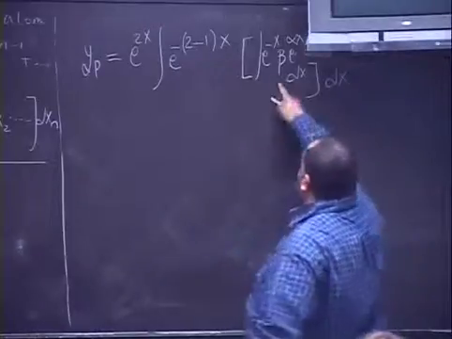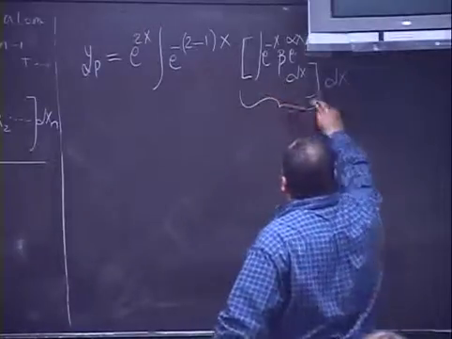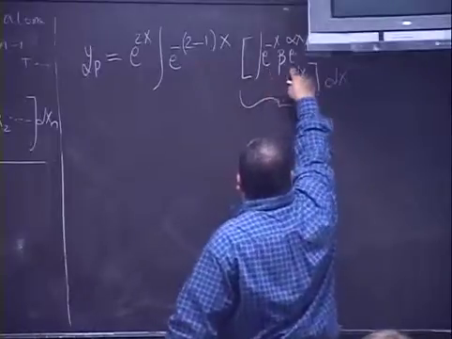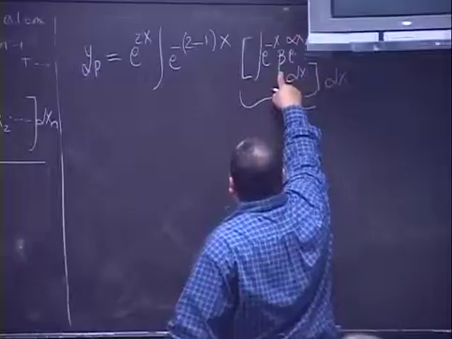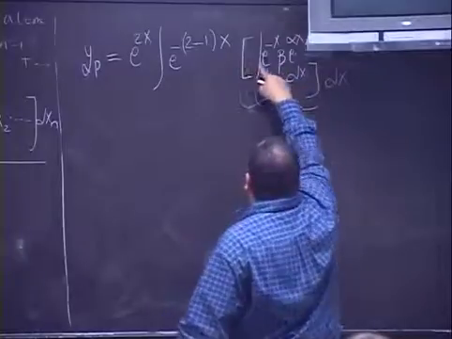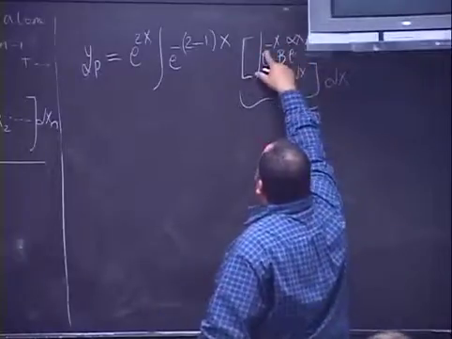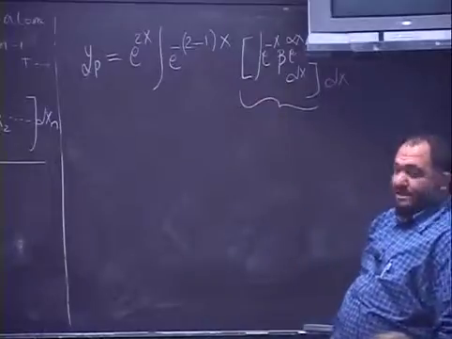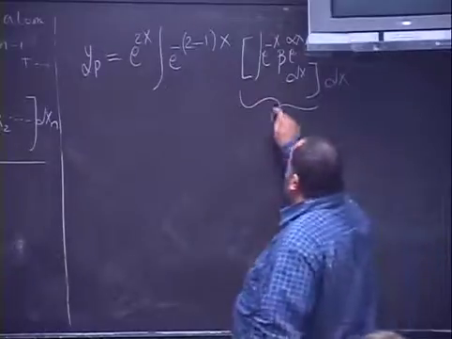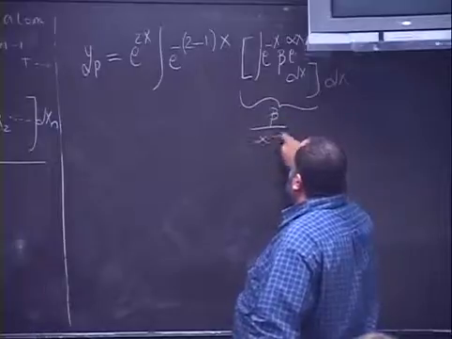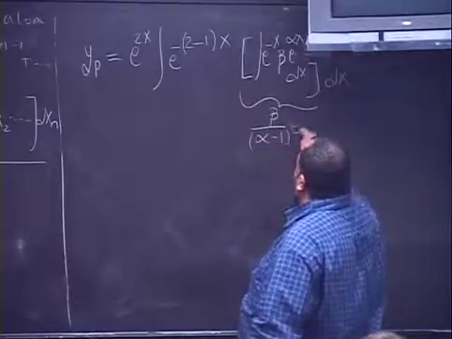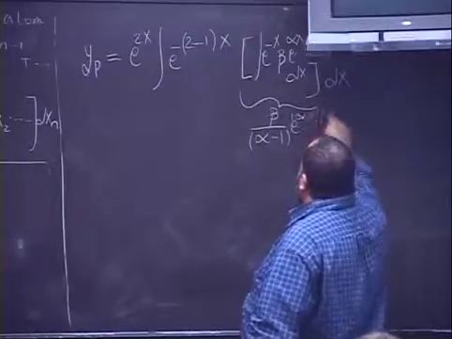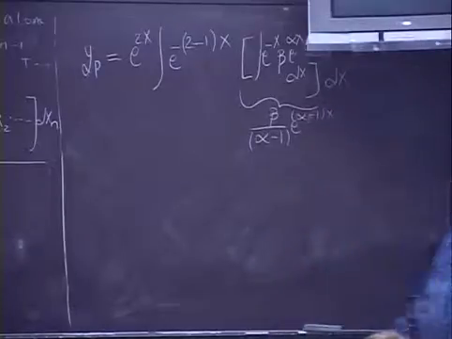So you will integrate this one first. So what's e to the power of minus x, e to the power of alpha x? Beta is constant, it will be out here. And this will give you alpha minus 1 multiplied by x. So when you integrate, this will give you beta divided by alpha minus 1.